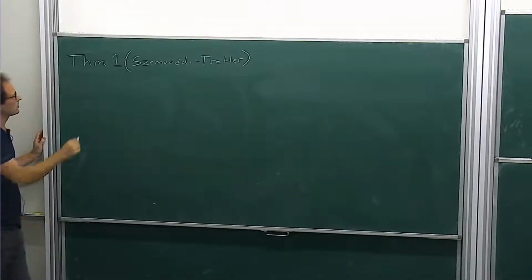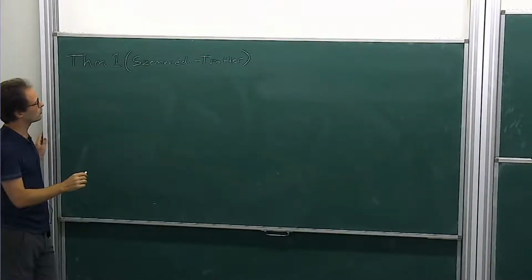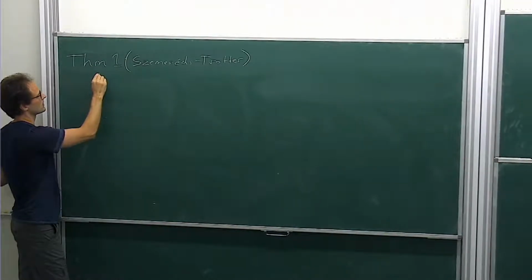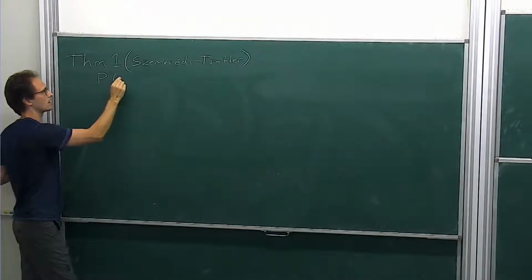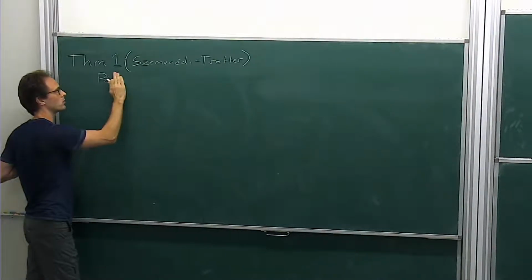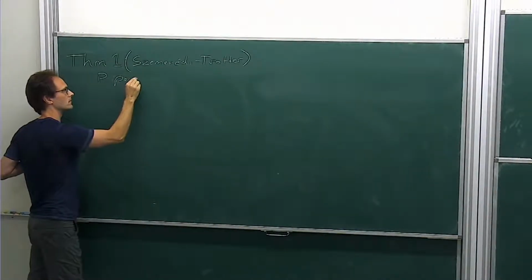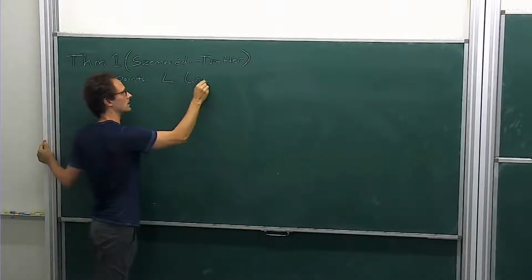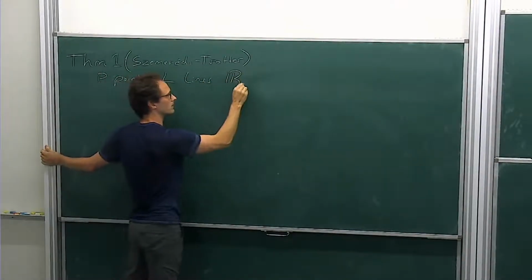This is from 1982 or so. It has two equivalent formulations. The first one is: given a set P of points and a set L of lines, both in the real plane.